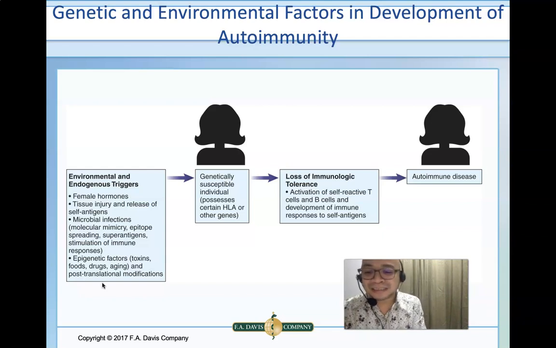There are several studies showing the effect of particular hormones. Estrogen, of course, is a female hormone. Estrogen tends to direct the immune system in favor of a Th2, T helper cell type 2, response. More Th2 means more B cell activation and antibody production.